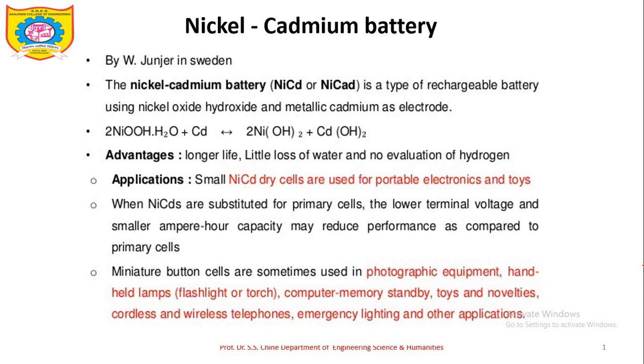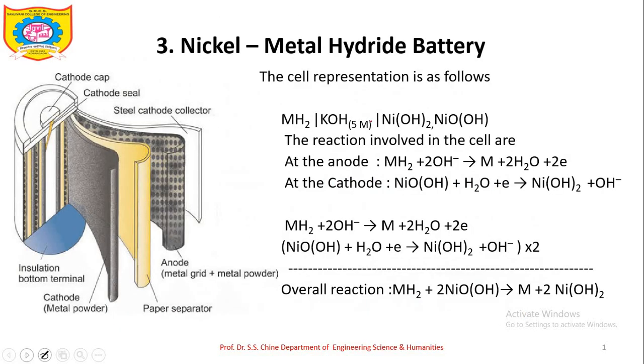In all these we can use this nickel cadmium battery. So the advantages of these are it has longer life and little loss of water and no evolution or formation of hydrogen.